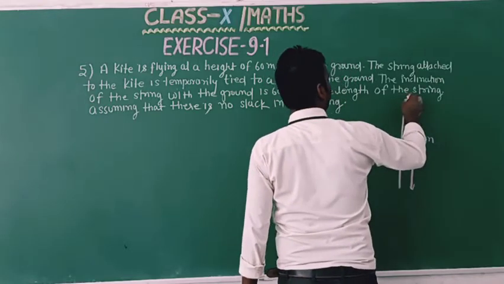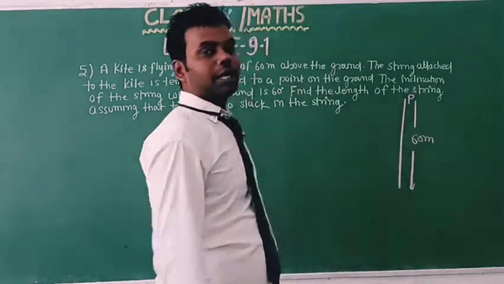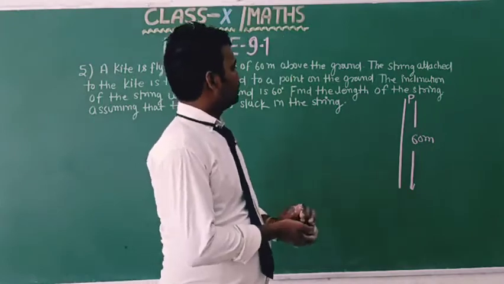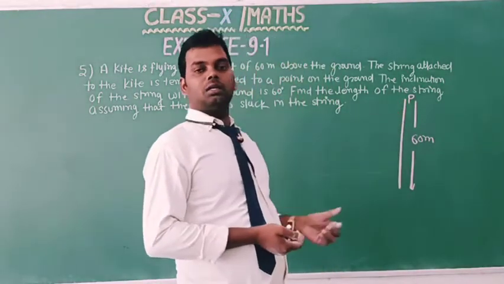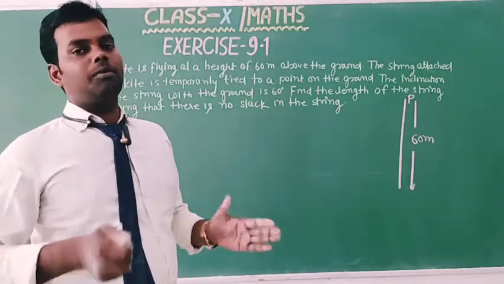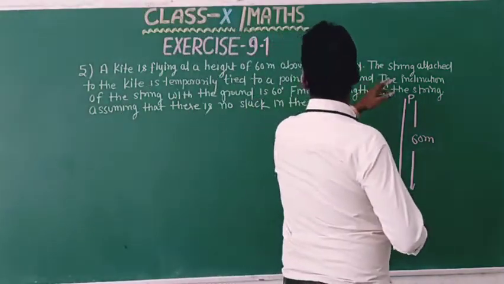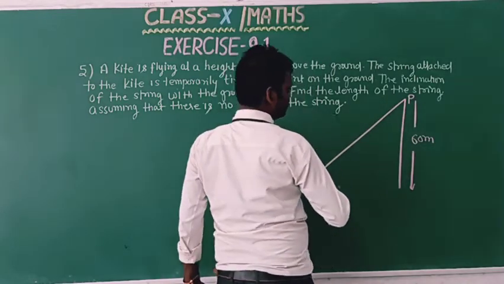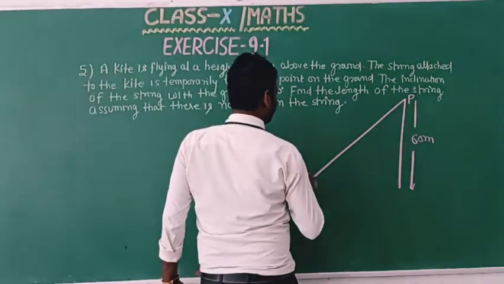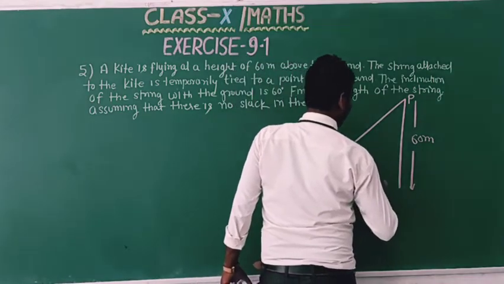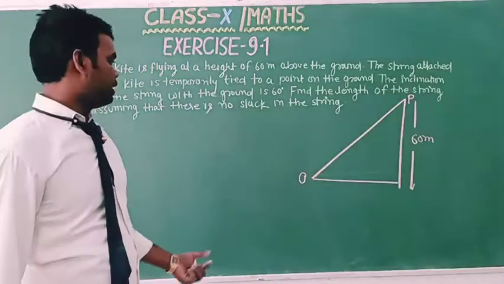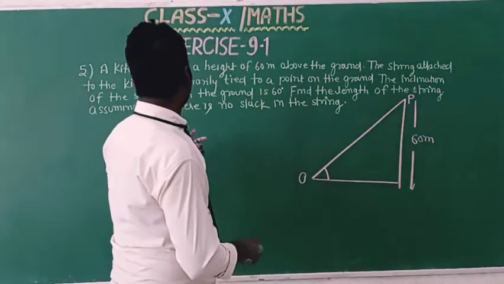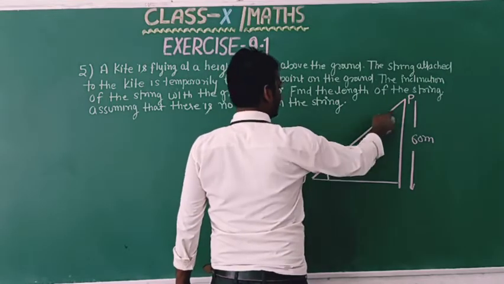Point P is the temporary position of the kite, 60 meter above the ground, and the string is attached to the kite at point P and to another point O on the ground, where it is tied.